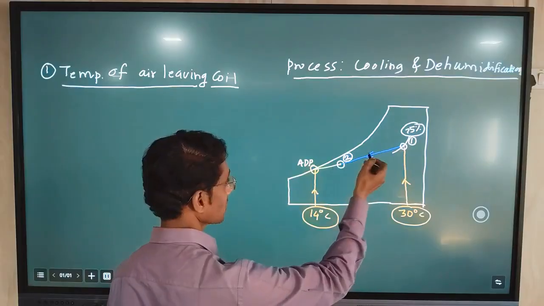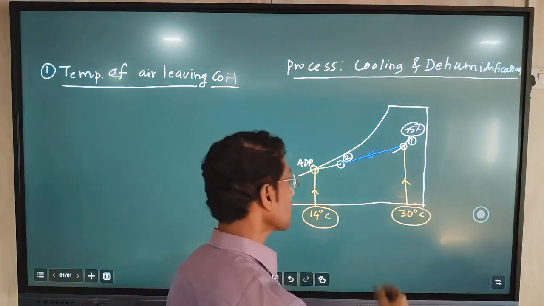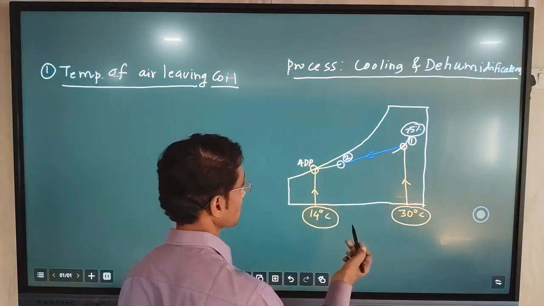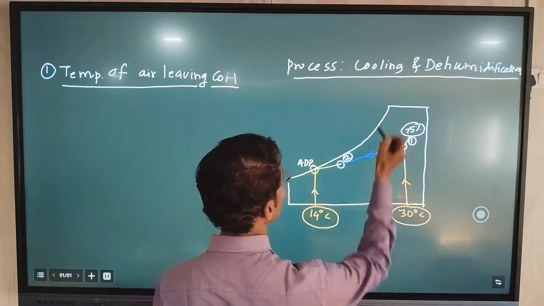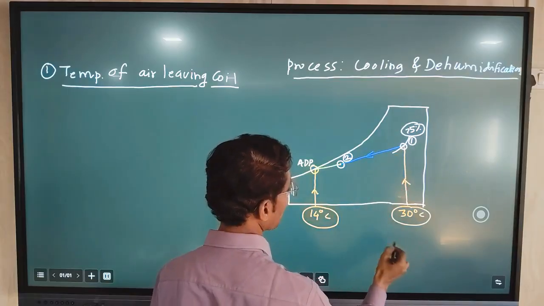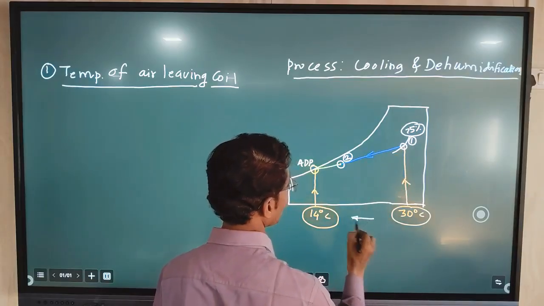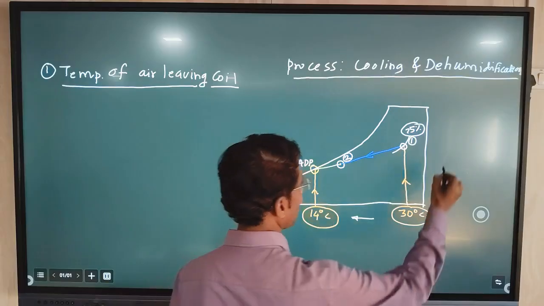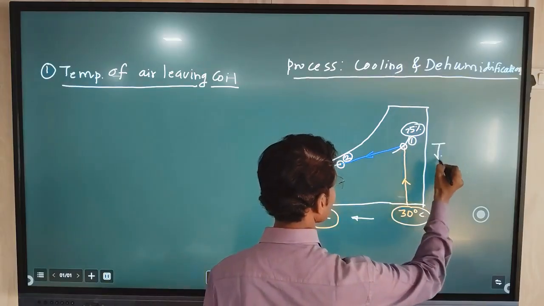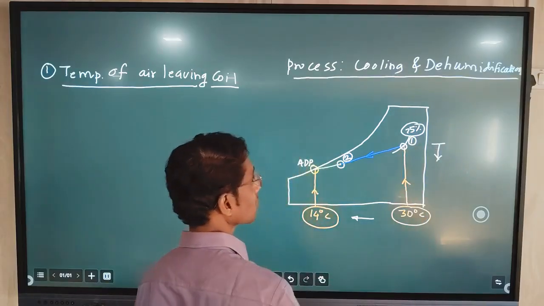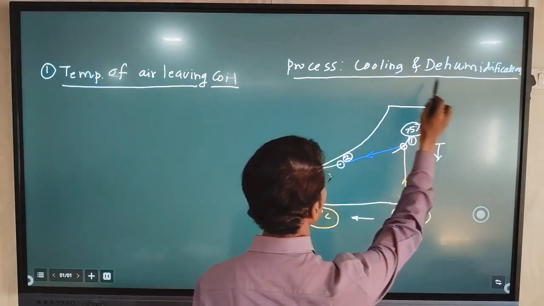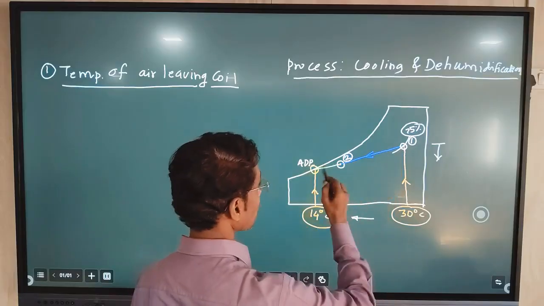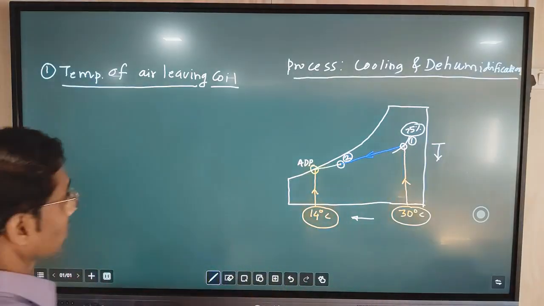This is one of the processes we studied in the psychrometric processes video session. As per that knowledge, what is the name of the process? Cooling process, because the dry bulb temperature is decreasing, and the moisture content is also decreasing, so it is a dehumidification. So this process, cooling and dehumidification, occurs in this numerical.